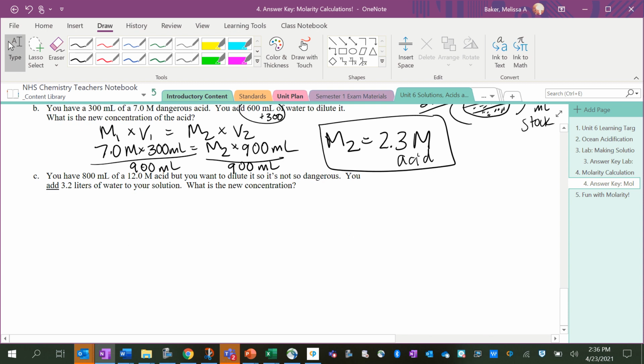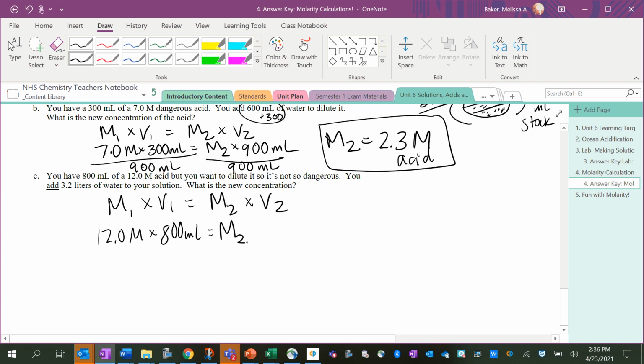Last but not least, it says you've got 800 milliliters of a 12 molar acid. You want to dilute it. So you want to add 3.2 liters of water. What's your new concentration? So again, this is a dilution problem. We've got 12 molar acid. We've got 800 milliliters. We don't know the new concentration, but we're adding 3,200 milliliters to the 800.